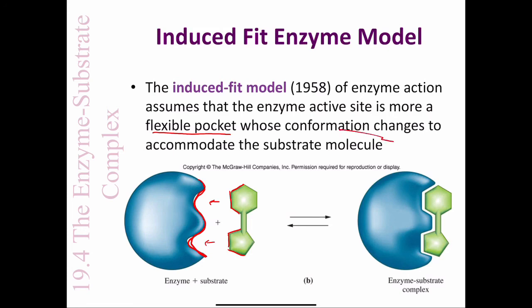Conformation means nothing more than changing its shape. It's not going to change entirely, but it can change slightly, enough to accommodate that substrate molecule. And hence, it's going to fit just right. This is what we call the induced fit model, because the substrate is inducing the enzyme to undergo a conformational change.